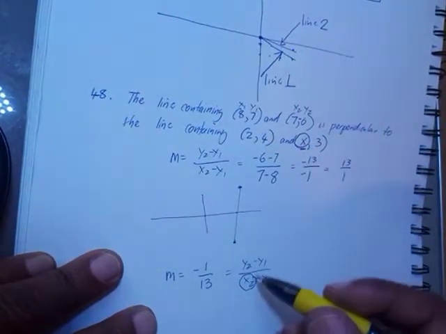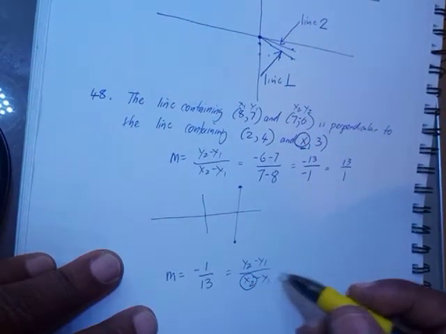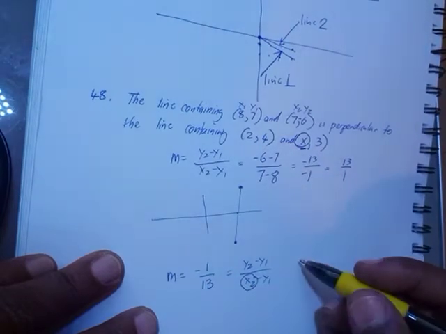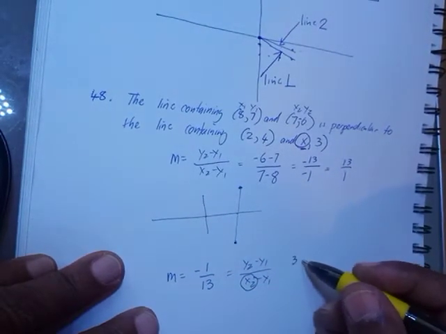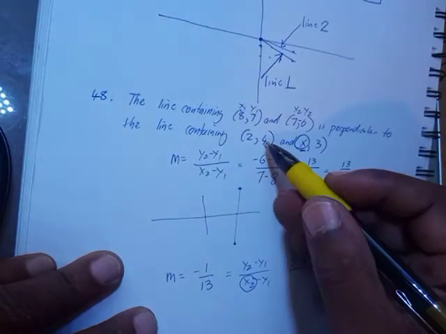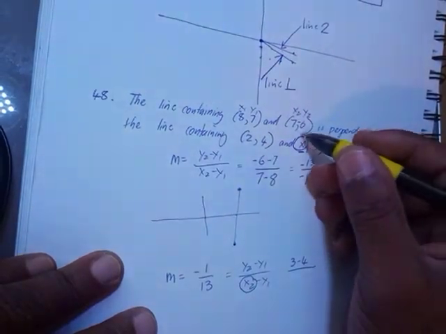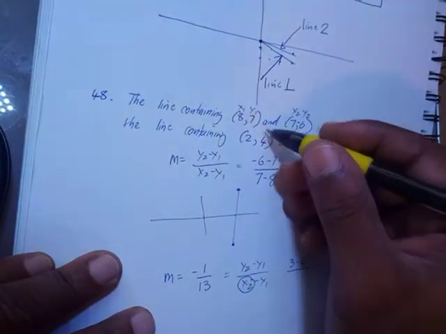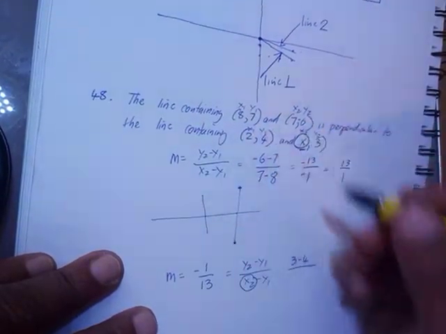That's my unknown. So negative 1 over 13 has to be equal to 3 minus 4. That's y2, that's y1. I should label these x2, y2, x1, y1.